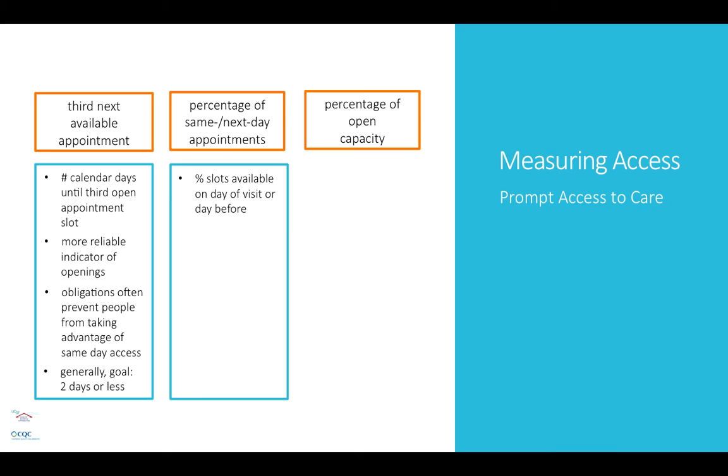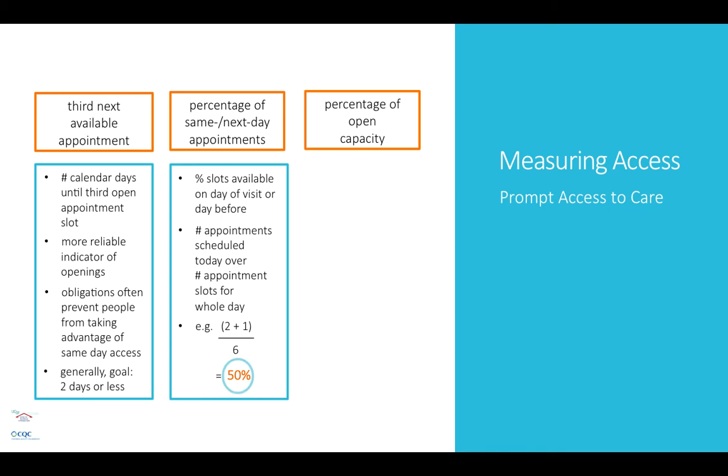It is calculated as the number of appointments scheduled today over the total number of appointment slots for the day. For example, let's say 2 appointments on the afternoon schedule were filled today and 1 yesterday, out of a total of 6 appointment slots. So the provider has 50% same or next day appointments.